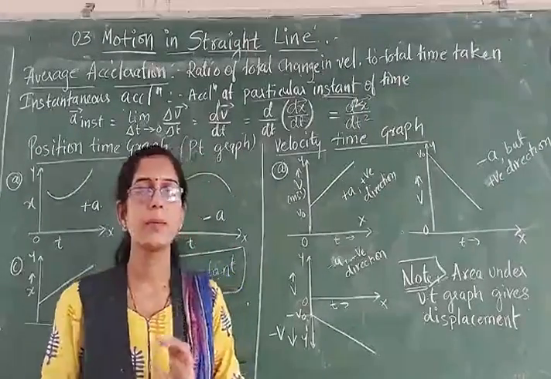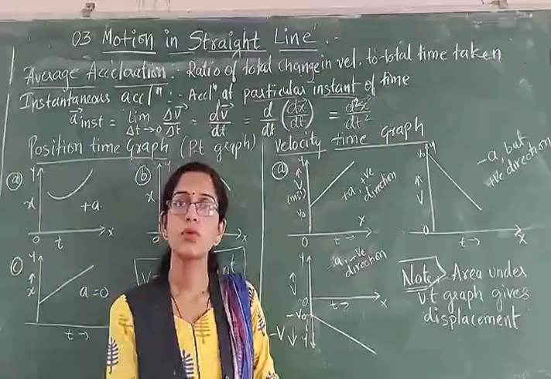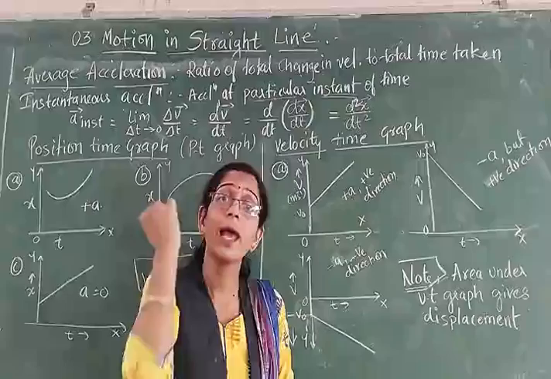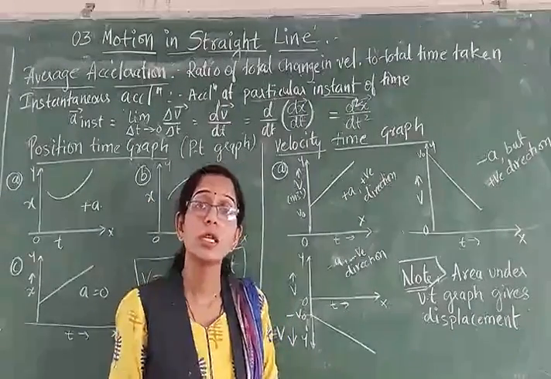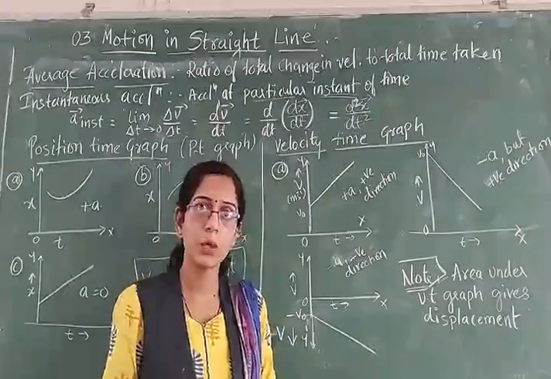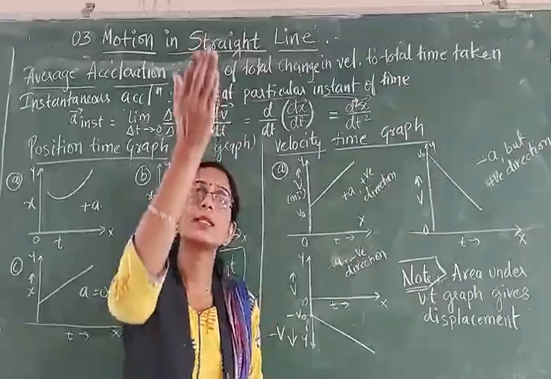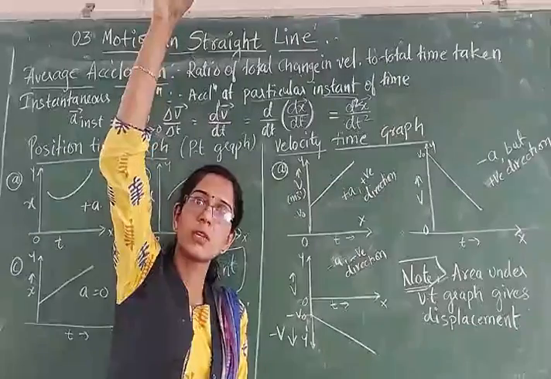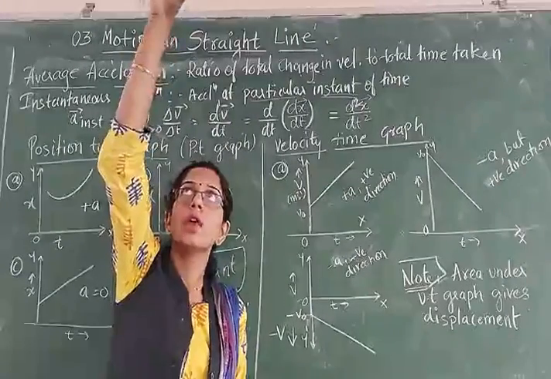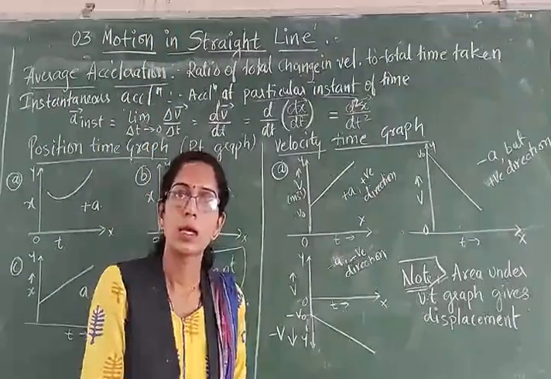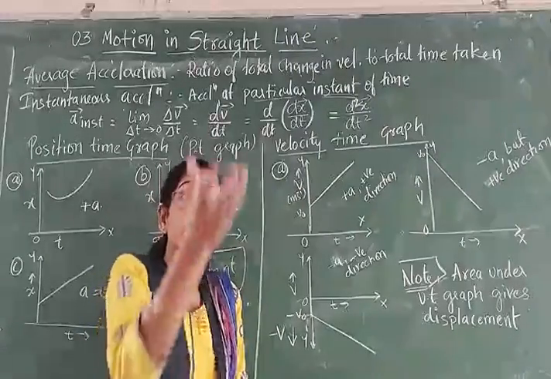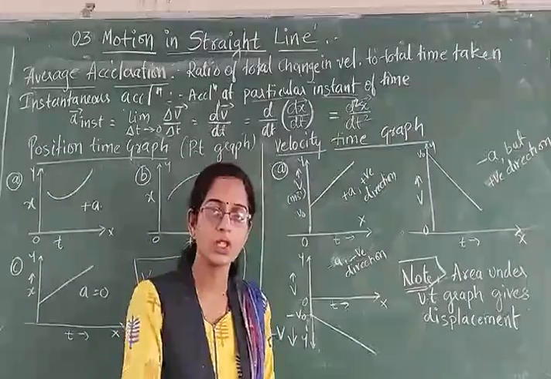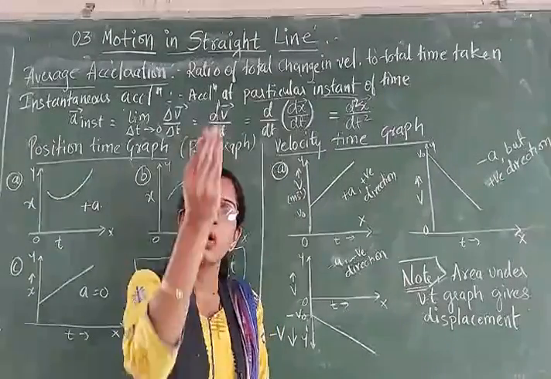In the other example, we will take an object which has been thrown in the upward direction. I have thrown the object above. So what will happen to the velocity? When I throw it, velocity will have its maximum value. It slowly decreases as the object moves. It will reach a certain height, then the velocity will become 0. When the velocity becomes 0, the object will come back again. So in the upward case, the force of gravity is in the downward direction, and the object is moving in the opposite direction.